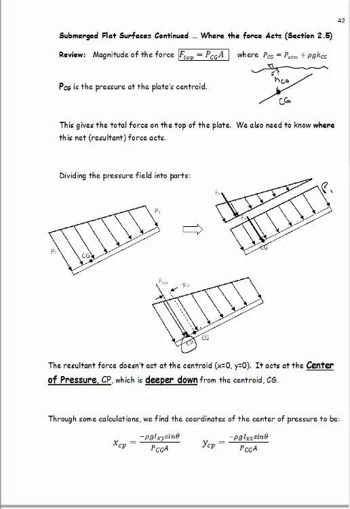And we have some equations down here. What that comes from is just summing the moments. The sum of the moments around CG, the moment due to your resultant force has to equal the moments due to the whole distributed load, which is going to be an integral of y p dA, right?